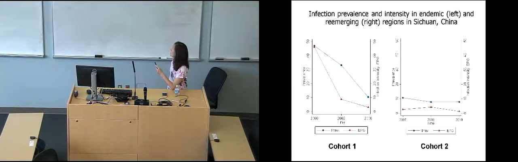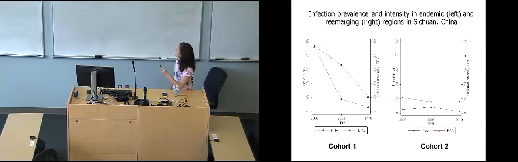This is a region that the study team I work with started looking at in 2000 in Southwest China. About 50% of the population in 10 villages was infected, and the average person had about 40 eggs per gram of stool, which is a measure of infection intensity.